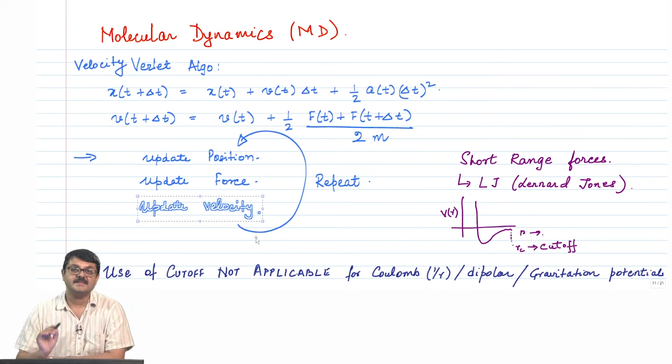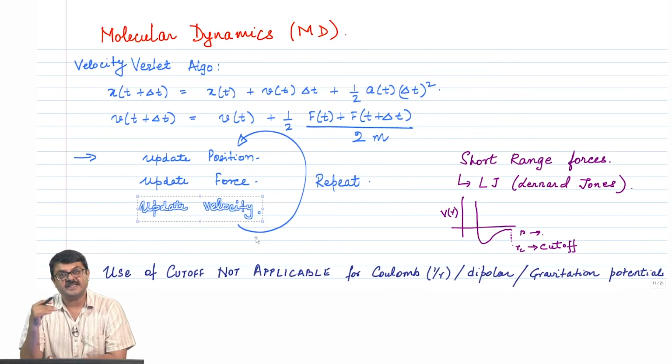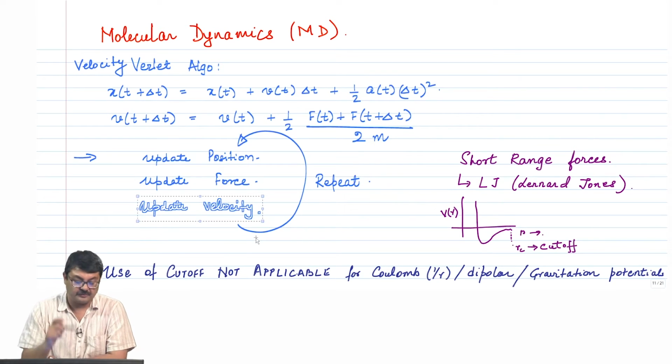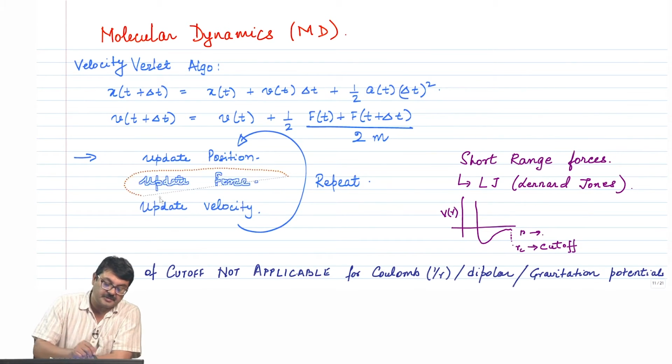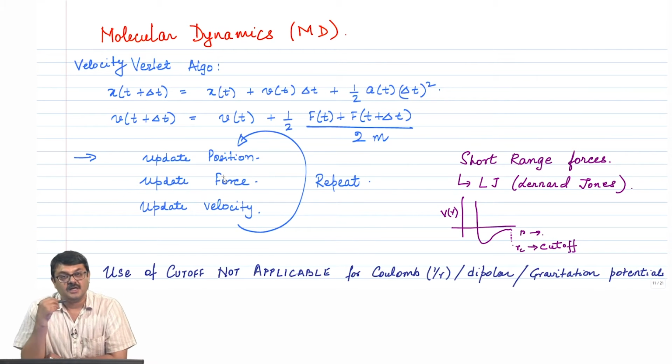We also discussed in the last class that the update of position and velocity is relatively simple, you just use these two formulas, whereas the update of force is computationally rather expensive. So, a large part of the discussion shall be about how to update the force between interacting particles in a computationally efficient manner.